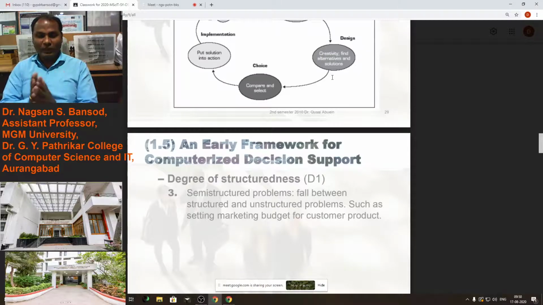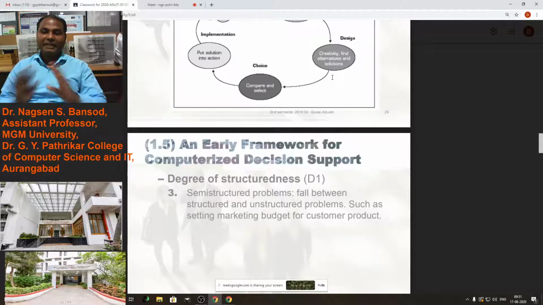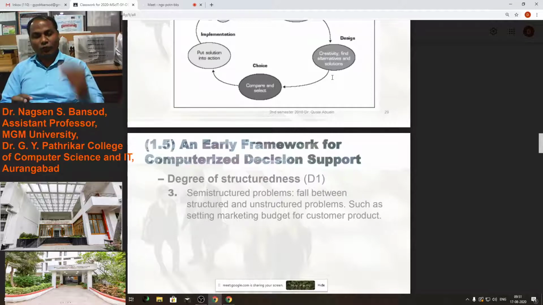Suppose there is a company of Toyota cars, and you have not yet joined that company, but that company is working fine. Everything is going very well. After you join that company as a manager, you have to study all the components of that company.